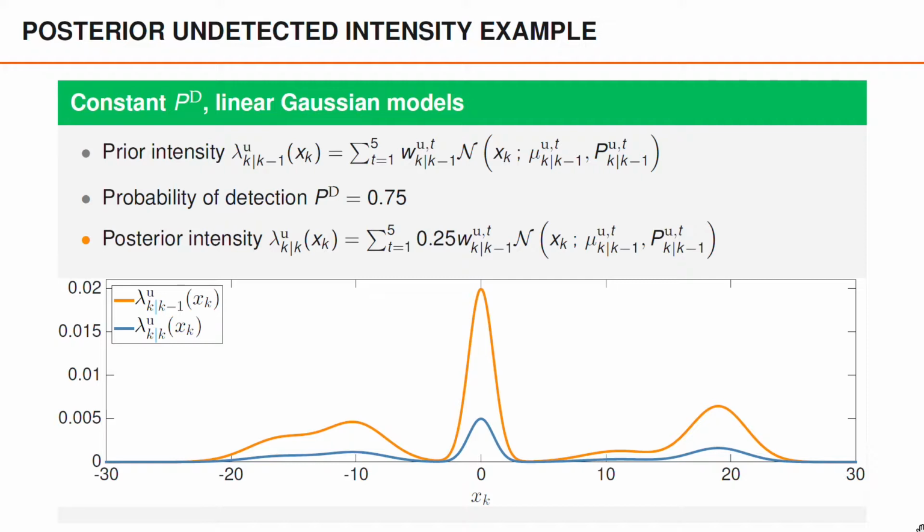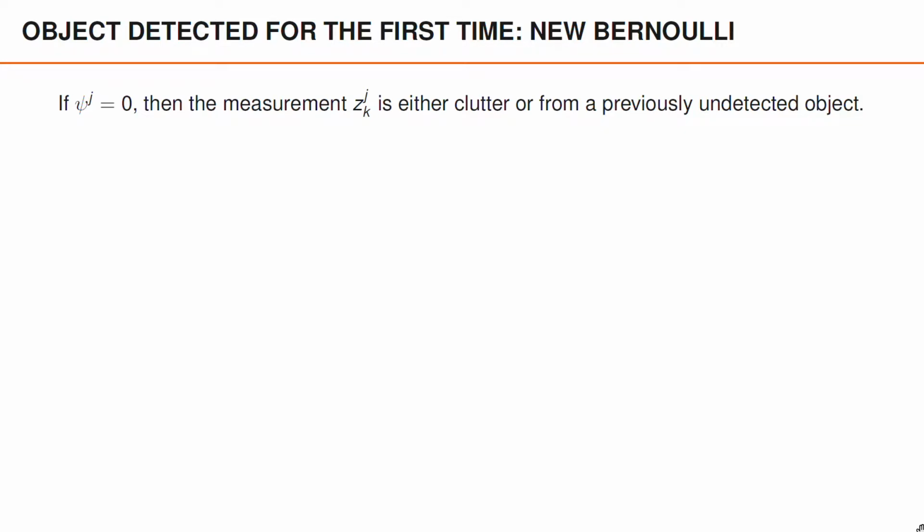Next, we have objects that are detected for the first time. If the association psi j is equal to 0, then measurement zj is either clutter or from a previously undetected object. For the previously undetected objects, our prior is of course the Poisson point process model for the undetected objects. So in the base update, this is the prior for this association.